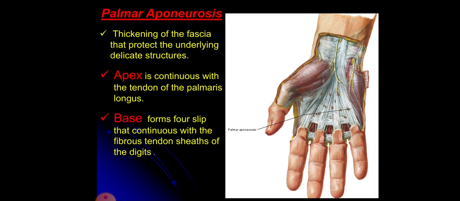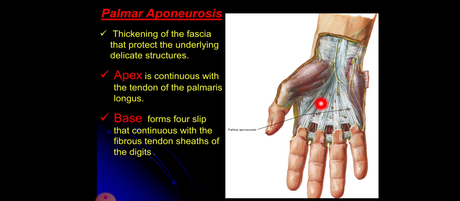Okay, when you remove the skin, you can see the palmar aponeurosis. This palmar aponeurosis is a thickening of the deep fascia, which protects the underlying structures, such as the vessels and nerves.